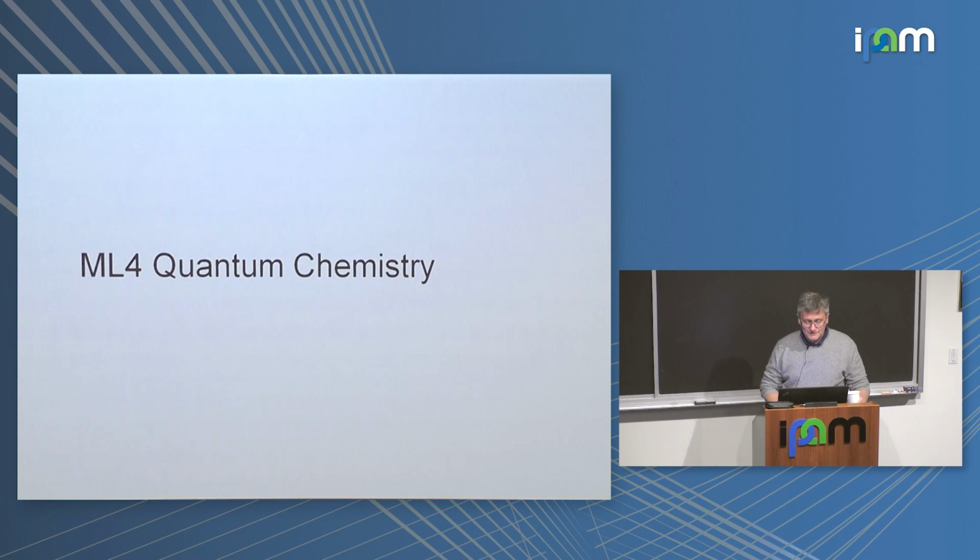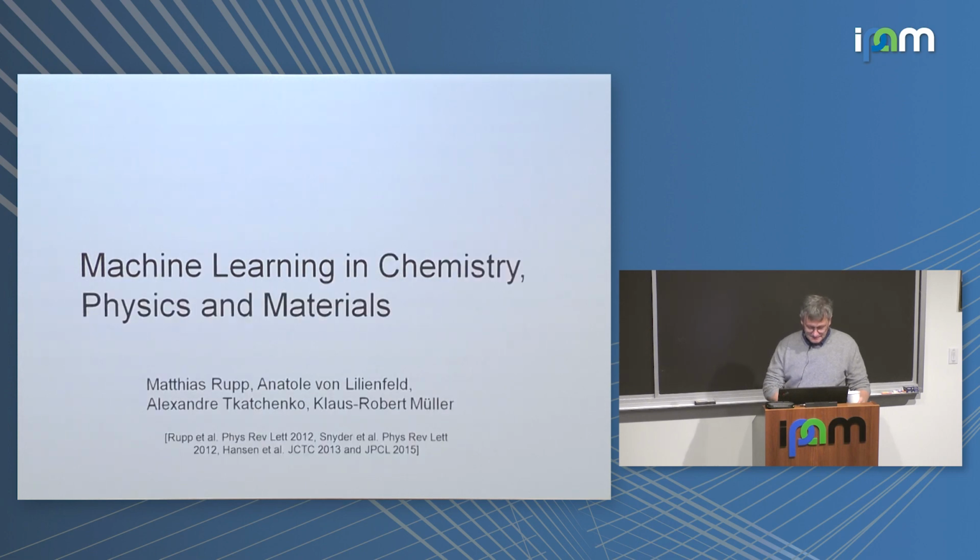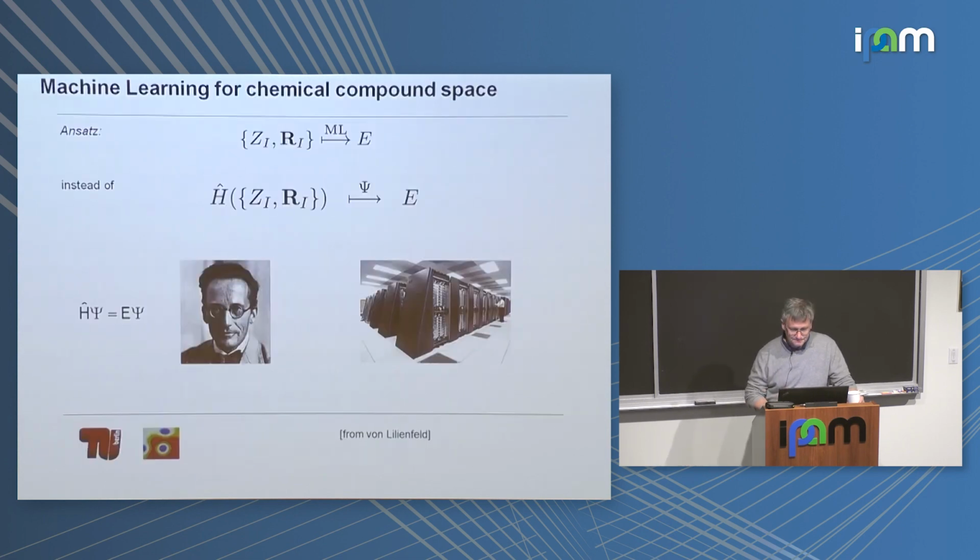Probably you know that in 2011 we had this very wonderful program where Anatole, Matthias Rupp and Alex came up with this nice PRL, basically suggesting that we use a machine learning model to predict the outcome of the Schrödinger equation. Okay, so that was the idea.